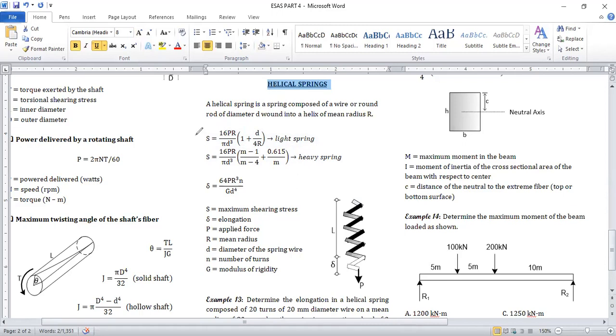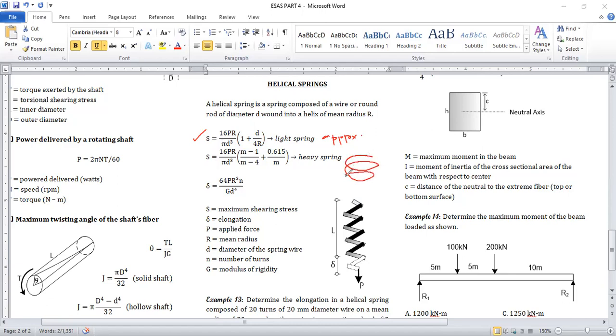Okay, this one. So this is an approximate formula: 16 times the applied force, and then R is the radius of the spring.